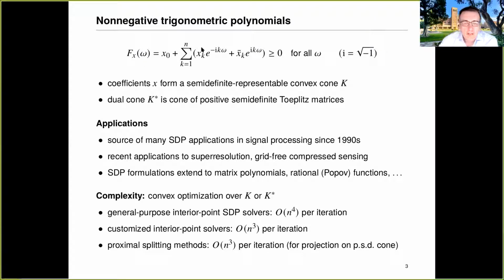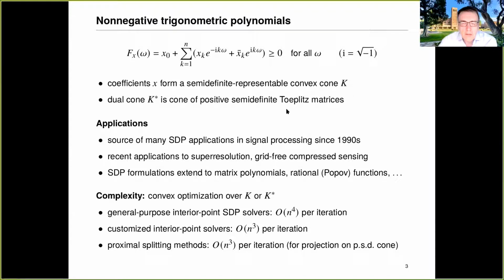But again, if you look at this as the simplest constraint of this type, then with this semi-definite representation of the trigonometric polynomial, or exploiting Toeplitz structure in an LMI on the dual side, we will have n to the fourth per iteration in the general purpose interior point methods.